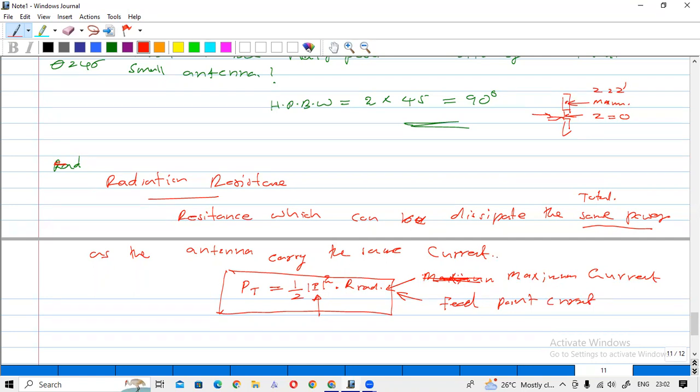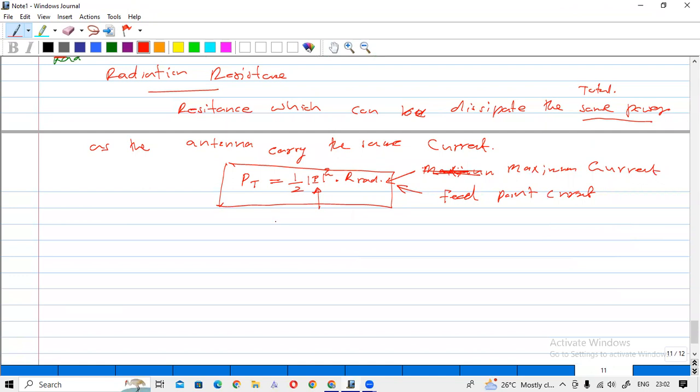In some cases the maximum current may be the feed point current, and then it has only one radiation resistance. For an isotropic antenna, I is uniform, so the maximum current and feed point current are the same, and you have only one radiation resistance.